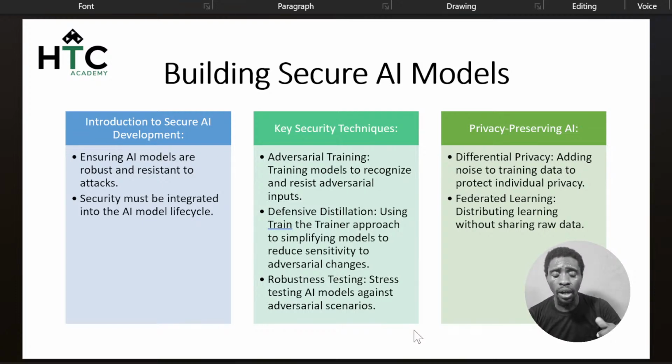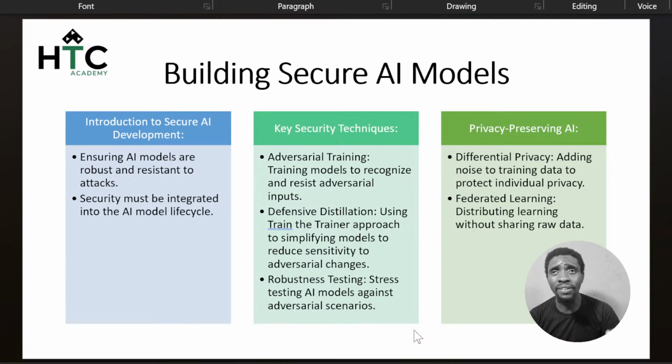Now let's say I go to an AI system and I say the patient has a cold, the temperature of the patient is this and that, and the patient is this and that. Can you please tell me whose patient it is? Well, the AI system is not supposed to be able to give you that, because if it does, it means that there is no privacy preservation embedded into the design of the AI system.